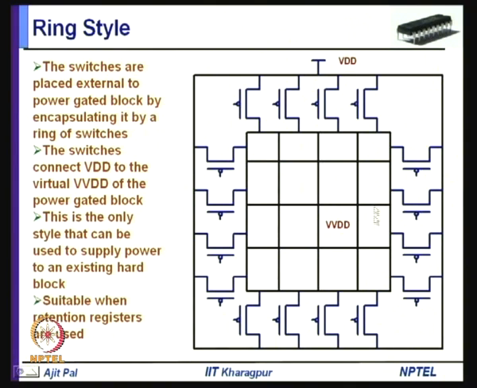In such a case this is the only technique that can be used, and it is suitable when retention registers are used. Later on I shall discuss these retention registers, which are necessary to save the state of the power gated block.